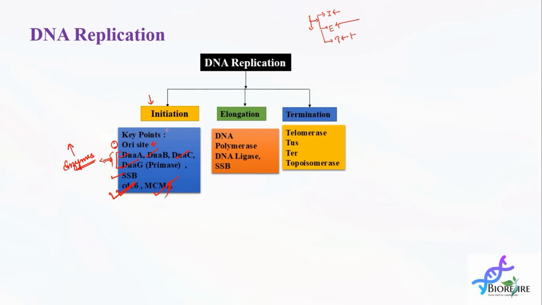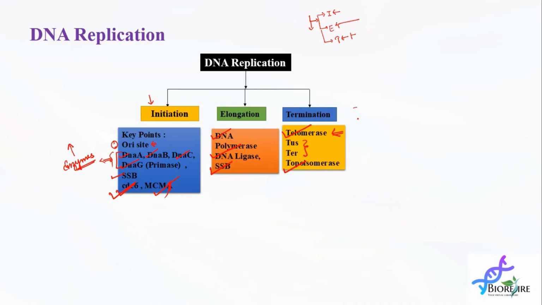Then in elongation, we require DNA polymerase, DNA ligase, and SSB, single-strand binding proteins. In the termination step we require the telomerase enzyme in the case of eukaryotes, Tus and Ter protein in the case of prokaryotes, and topoisomerase to remove the positive and negative coiling.